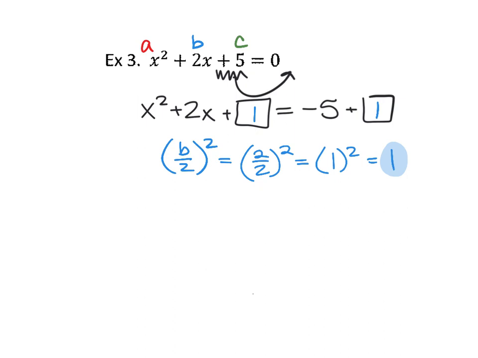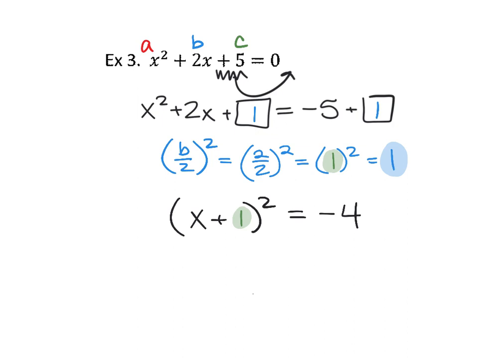A perfect square trinomial automatically factors to x plus the number inside the square. I'll highlight it so you can see it. This number that was inside the square part is what it factors to, which is why I want you to show that step. And this is going to be equal to negative 4.